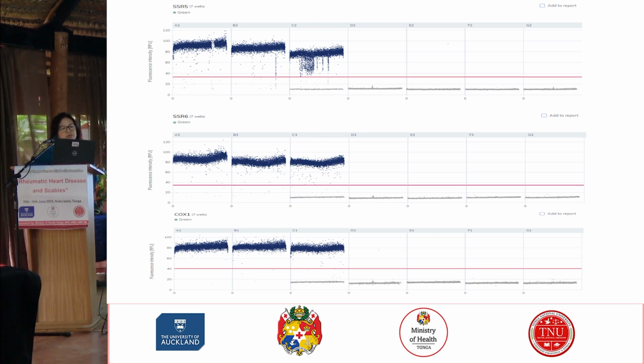So these are my controls, and you can see the positive partitions in a 1D scatter plot. And these are the negative partitions. Also, these are originating from the samples I have amplified for the 3 targets.